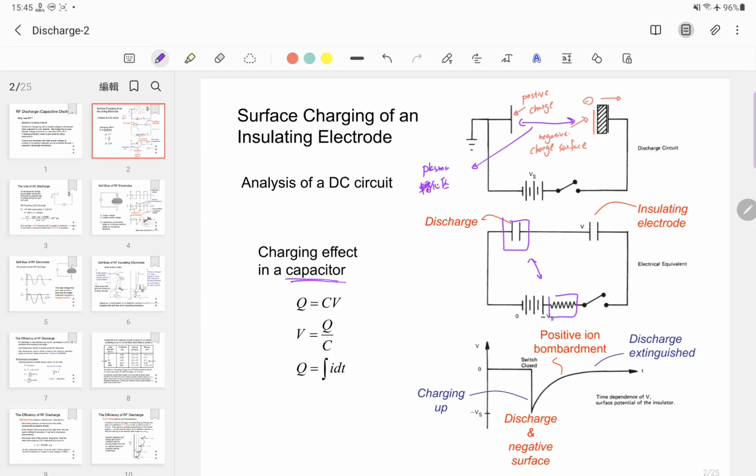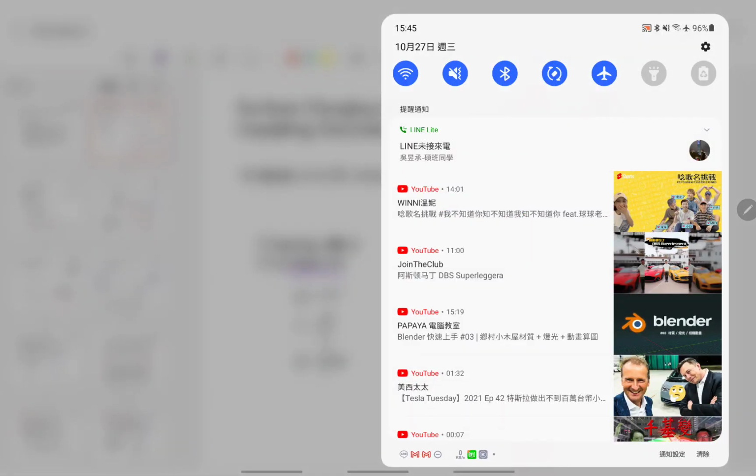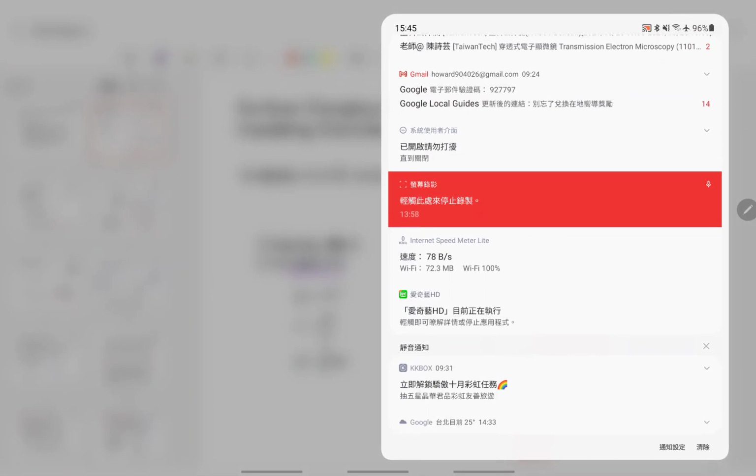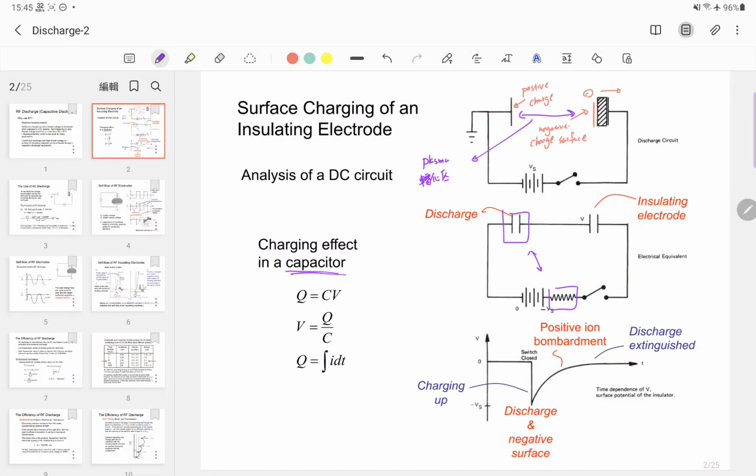So at this point, we switch on or close the switch so that the surface of the insulating material can be charged up. For example, we can charge up the surface of the insulator to minus 1000 volt, for example. So here, minus Vs means the surface potential of the insulating material.